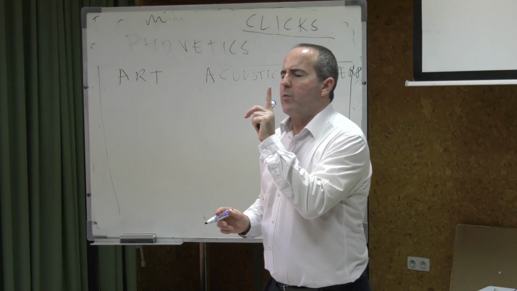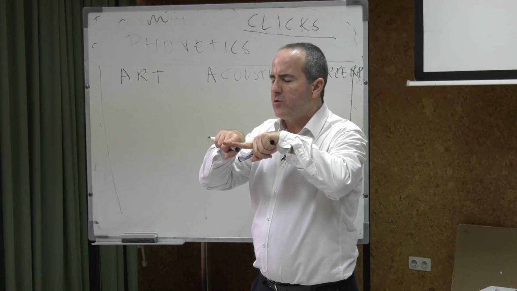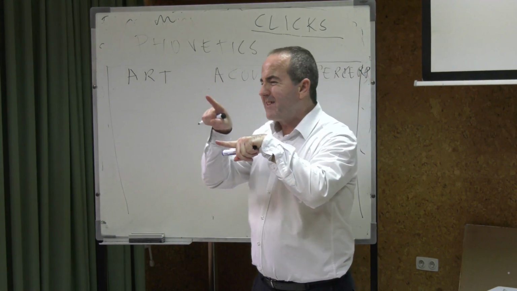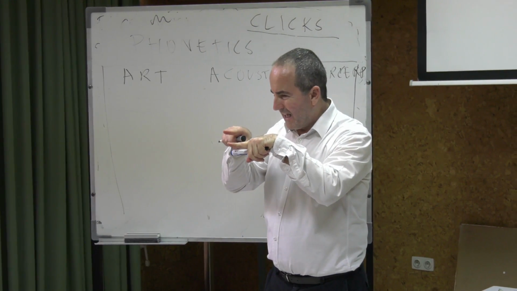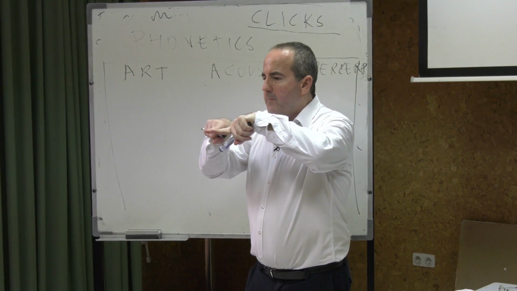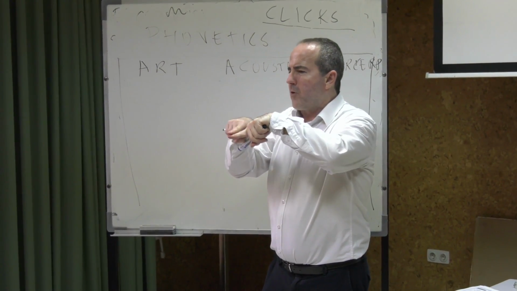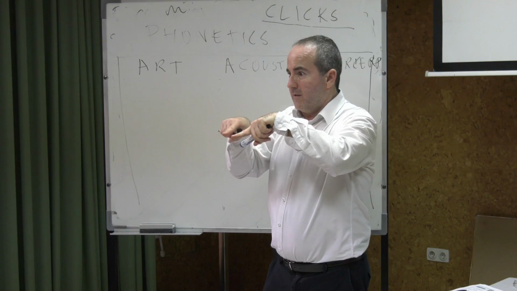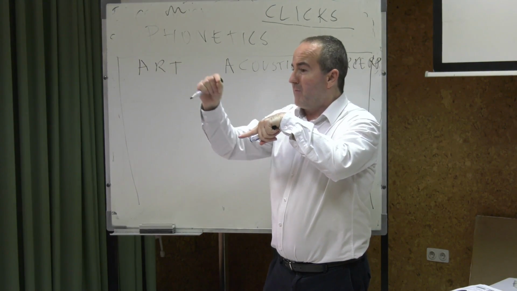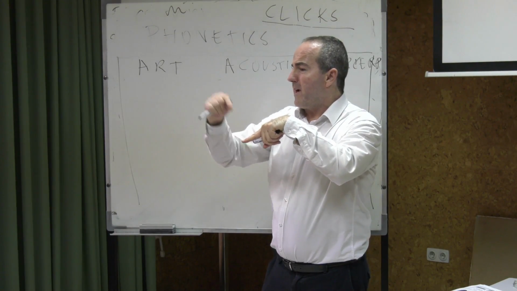Now, where did we say that we produce the sound? In the glottis, in the larynx. So that's the crucial, the most important element, okay? Because sound is produced by the vibration of the vocal folds, that in its turn makes a vibration of the particles of air that surround it.